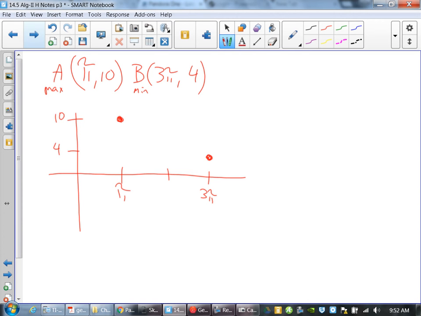So we start with this one. First thing is figure out our zero line. What is 10 plus 4? 14. What's half of 14? 7. So I'm going to put my zero line in at 7. So that gives me a k value of 7.